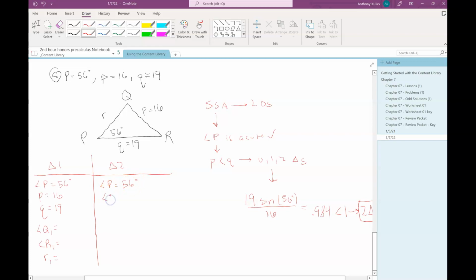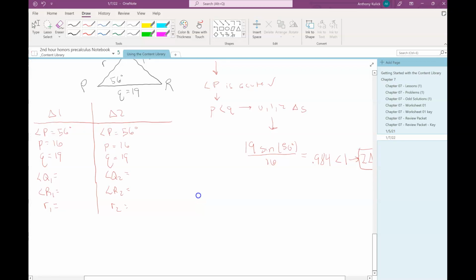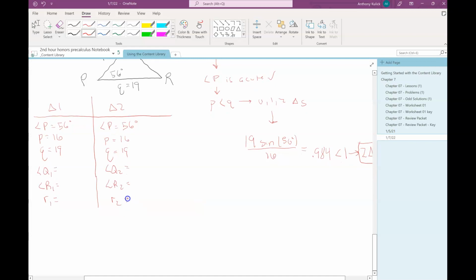But in both triangles, the values for angle P and side Q are the same. The things that are going to be different are the values for angle Q, angle R, and side R. Everybody okay with what I've written up here? Just a place to write down my answers as I find them.